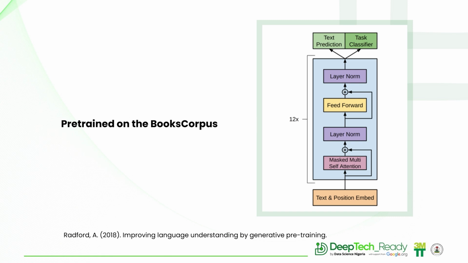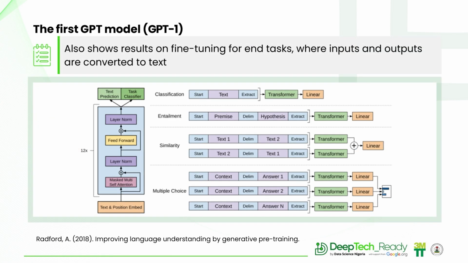Now, GPT-1 also demonstrated the effectiveness of fine-tuning for specific end tasks. So if you read the paper, after pre-training on a large corpus, the model was fine-tuned for various tasks where both input and output are converted into text. Some examples include tasks like classification, entailment, similarity, and multiple choice.